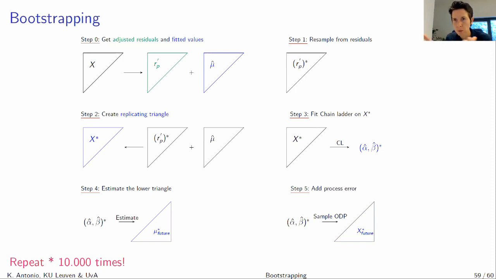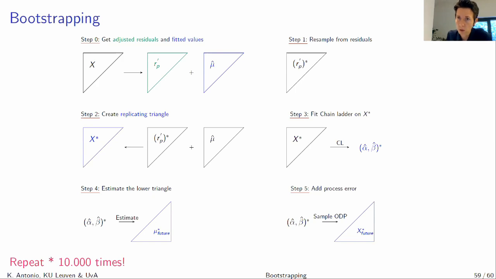So you get a grip on how uncertain the estimation of these parameters is. Besides keeping track of the 10,000 values of your reserve estimates, you could also keep track of the 10,000 values that you obtain for your alpha hats and your beta hats, and that allows you to get a grip on the parameter estimation error.